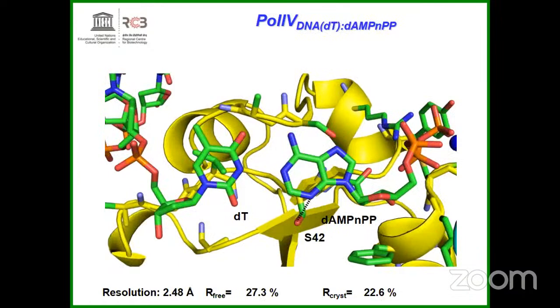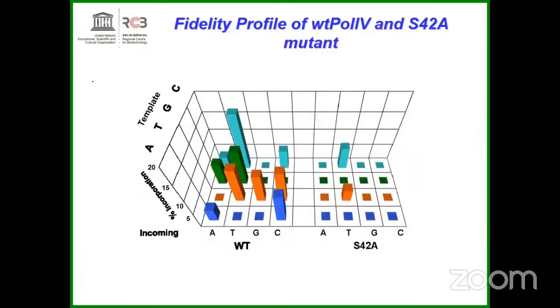In all 4 cases, there are interactions between the serine 42 residue and the template, incoming nucleotide, or both. And if you mutate this residue, then the mismatches incorporated by Pol4 reduce substantially. So the presence of this residue contributes substantially to the greater activity of Pol4.